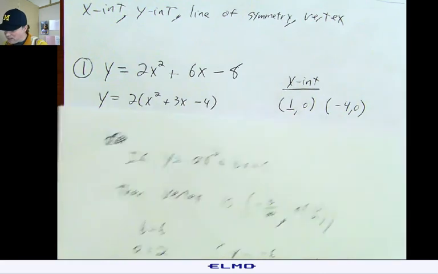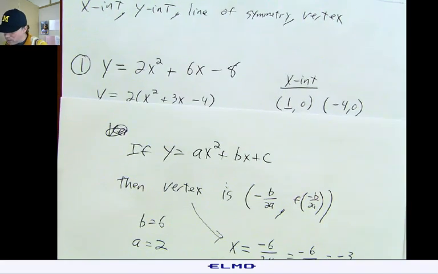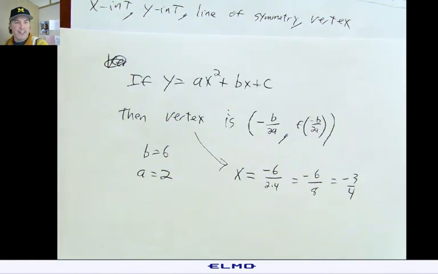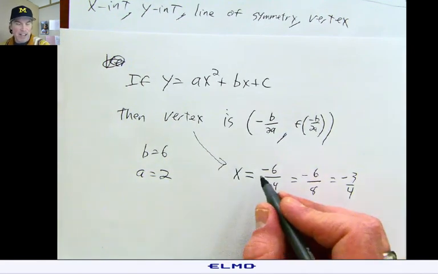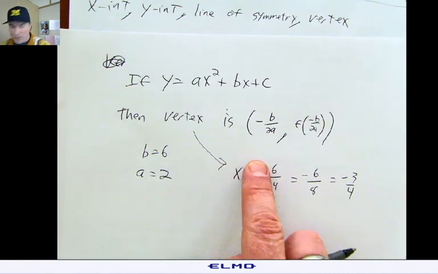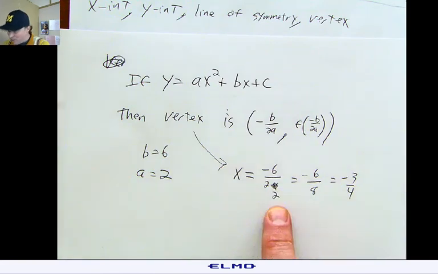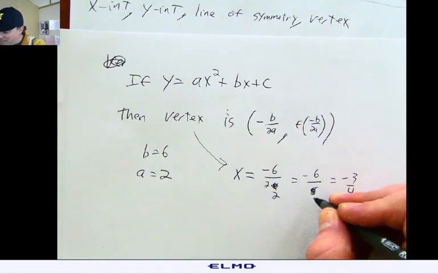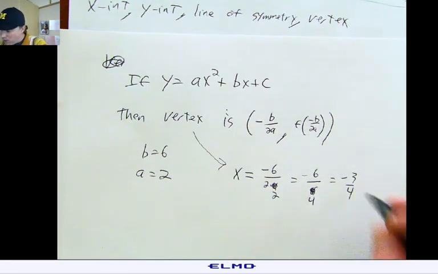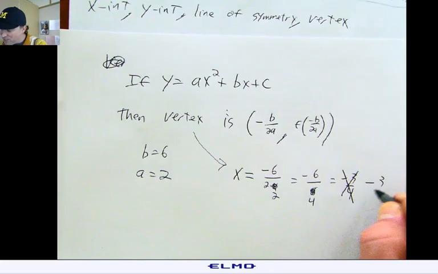Wait a minute, Elliot's made a mistake. Oh, that's embarrassing. I said a was 2 here, but then I plugged 4 in for a. So this should have actually been a 2, making it -6 over 4, which reduces to -3 over 2.